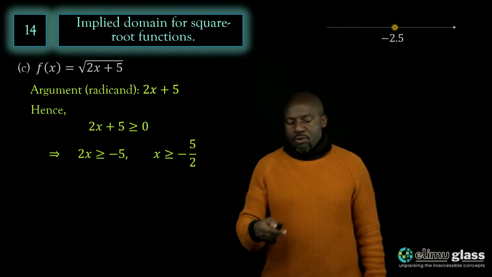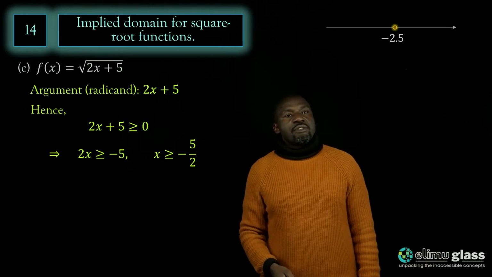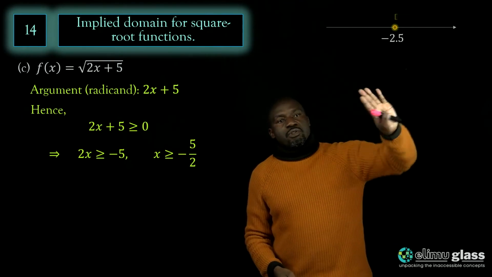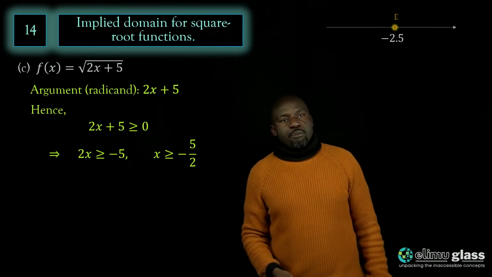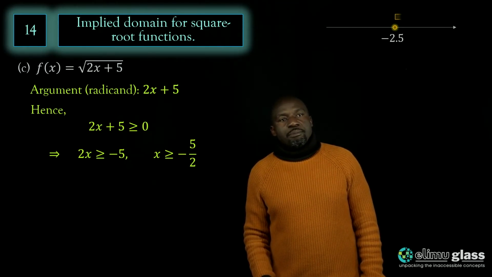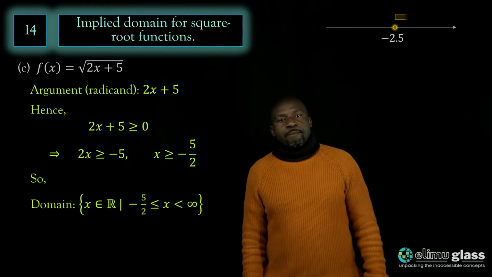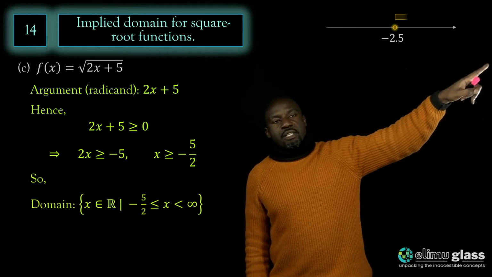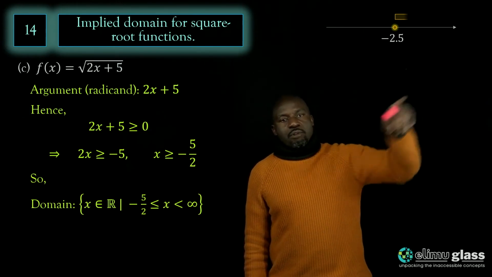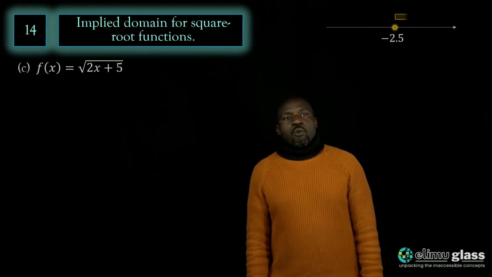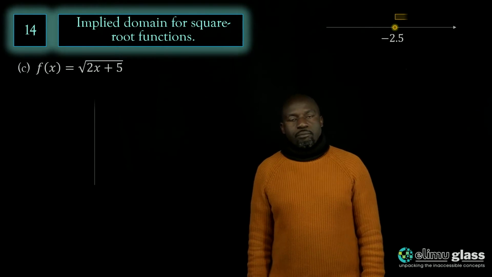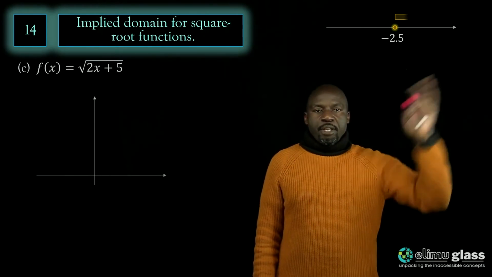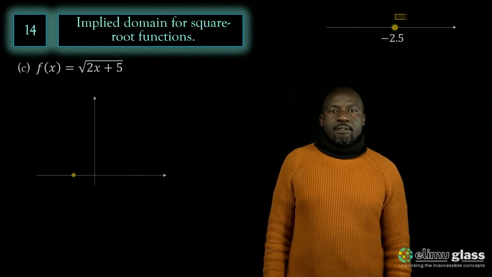You should already have an idea of how this graph is going to look, because it is occupying that side of negative 2.5. And so if we sketch that function, first of all, the domain must be greater than or equal to negative 2.5, towards infinity. And when we sketch the graph, we know the graph will be on that side.